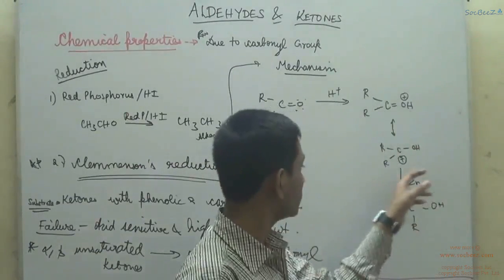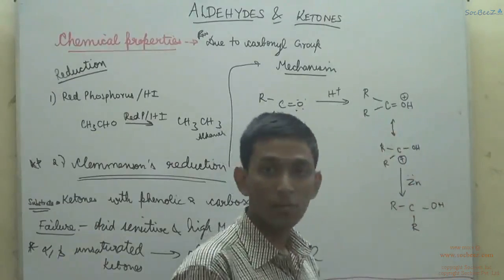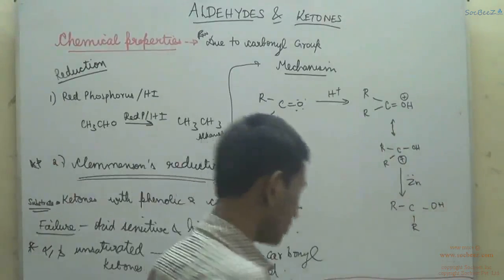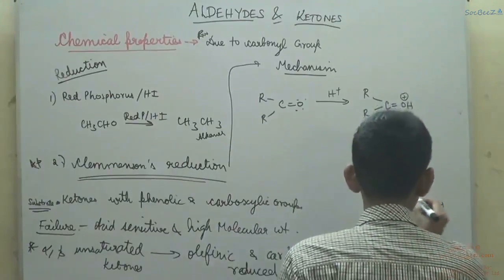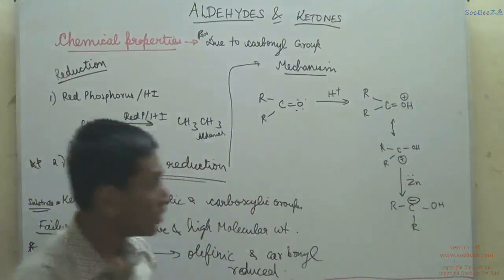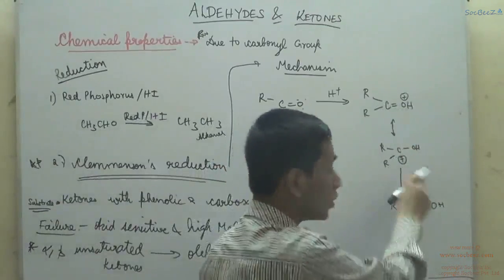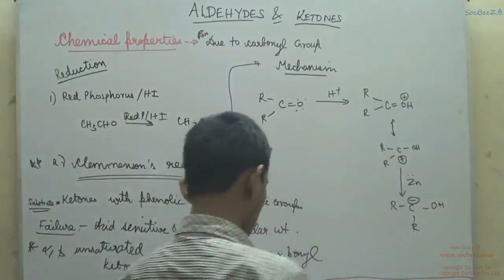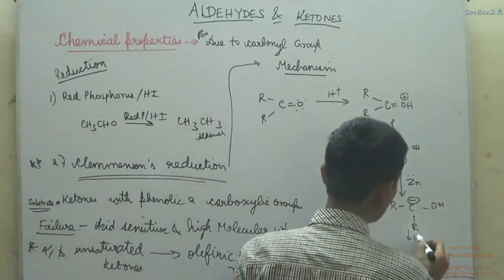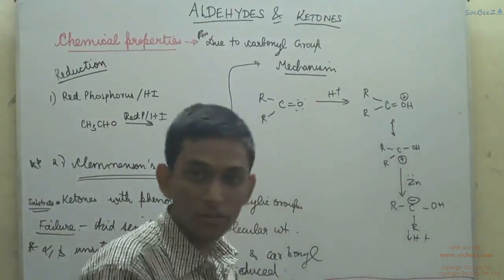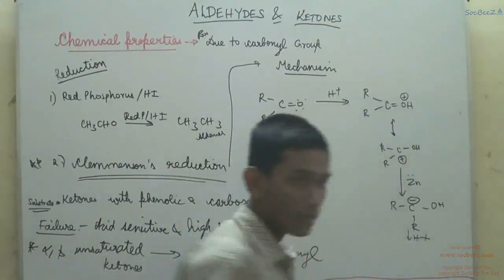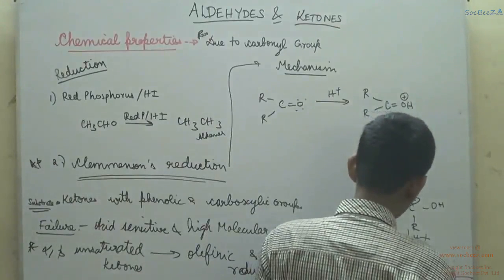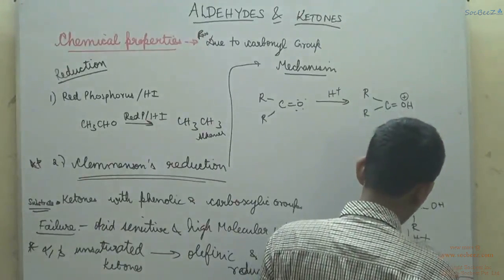Zinc donates its lone pair to this carbon atom and forms Zn2 plus because of the loss of 2 electrons. Okay, so now carbon has got 2 electrons. Before it had 1 electron short, 2 electrons added, so it gets a negative charge. Negative charge, acidic medium, picks up a hydrogen ion or H plus and forms R, CH, OH, R.